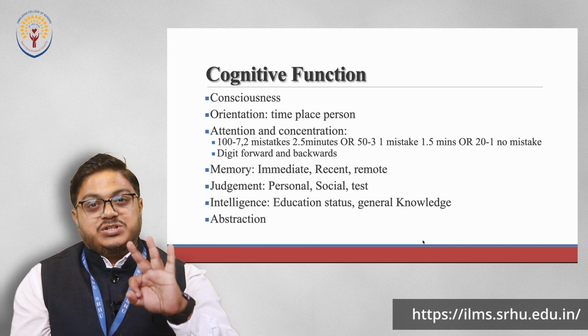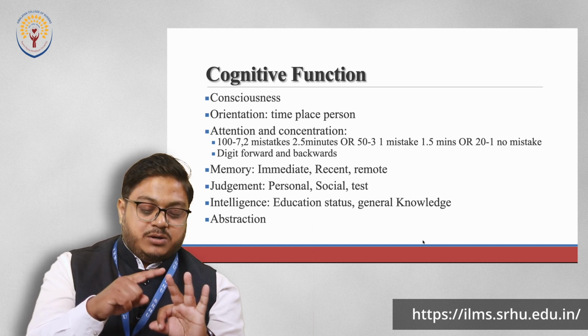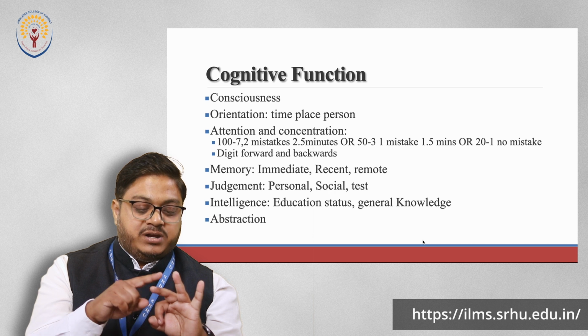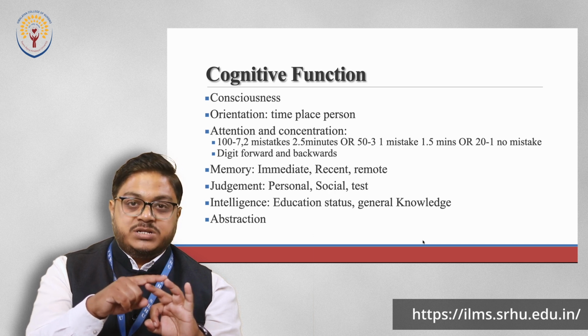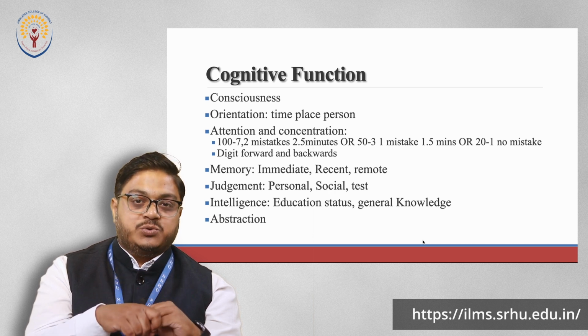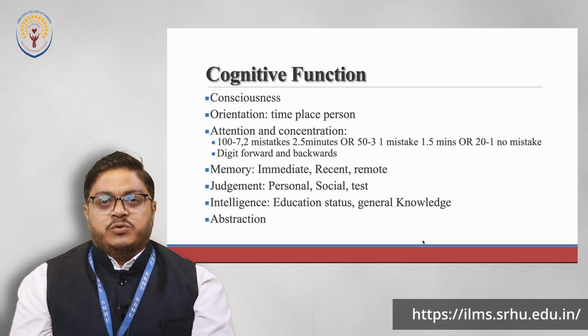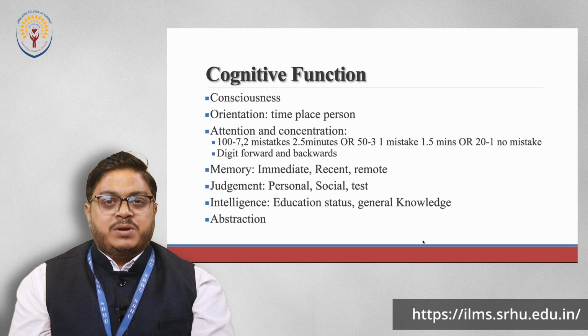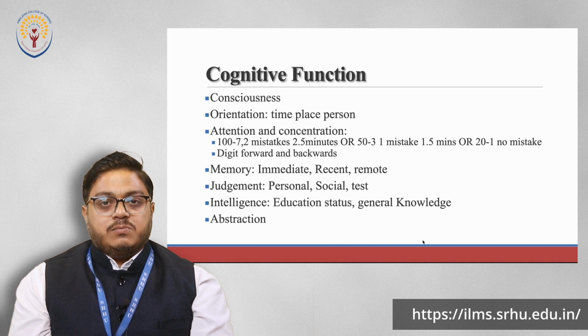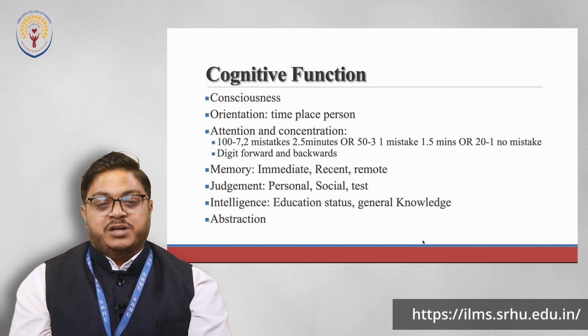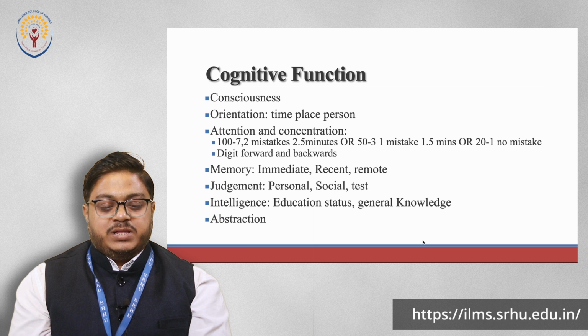So there are 3 dimensions in orientation: orientation to place, orientation to person, and orientation to time. You can actually change the order also. It is not mandatory that you follow this order, you can also do time, place, person. Okay, so this will tell us the awareness of the patient to the environment, and towards the people that are there, right?